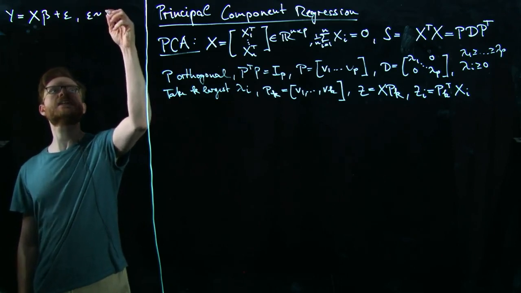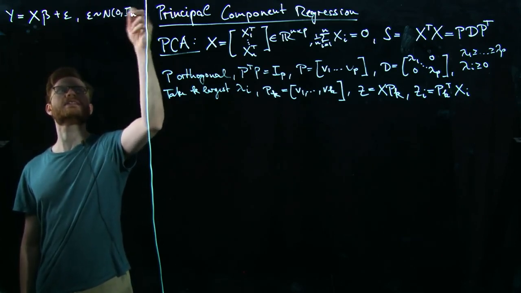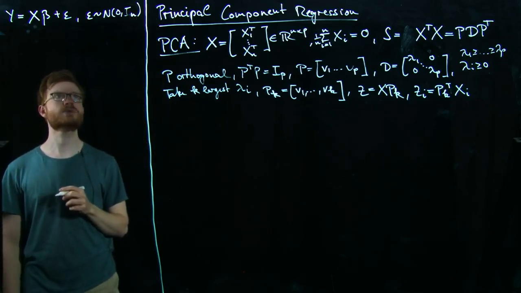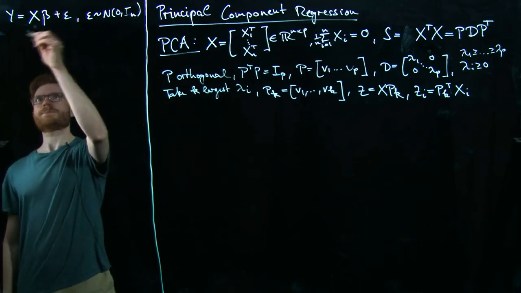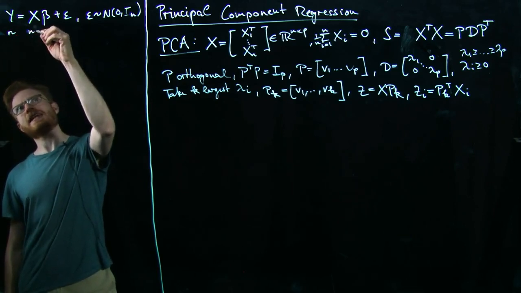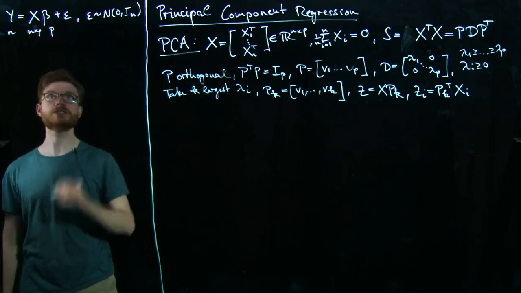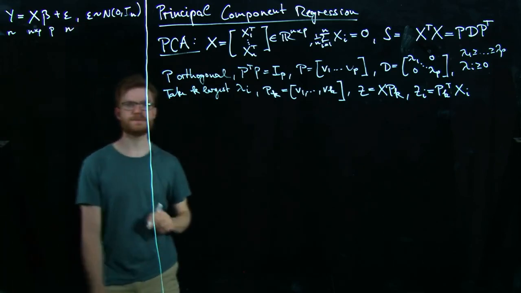And for simplicity, let's say that epsilon has covariance matrix identity in n dimensions, without any sigma squared for scaling here. OK, so y is n-dimensional, x is n times p-dimensional, beta is some p-dimensional vector, and epsilon is noise, and it's n-dimensional.